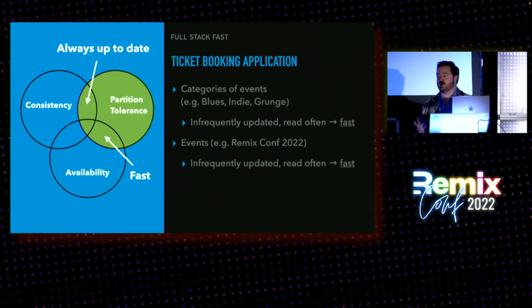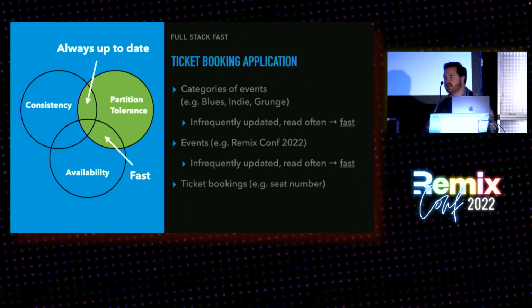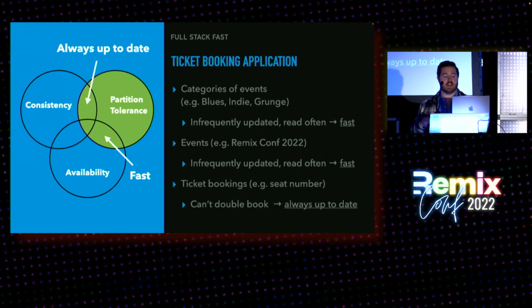So you'd probably still want to go with high availability for that. But let's say you're taking bookings for your events and you have a limited number of seats in the venue, then you absolutely need to guarantee that you're not double booking that seat. So in that case, you want high consistency rather than availability. You're going to sacrifice a bit of performance there, but it's what you need to do.